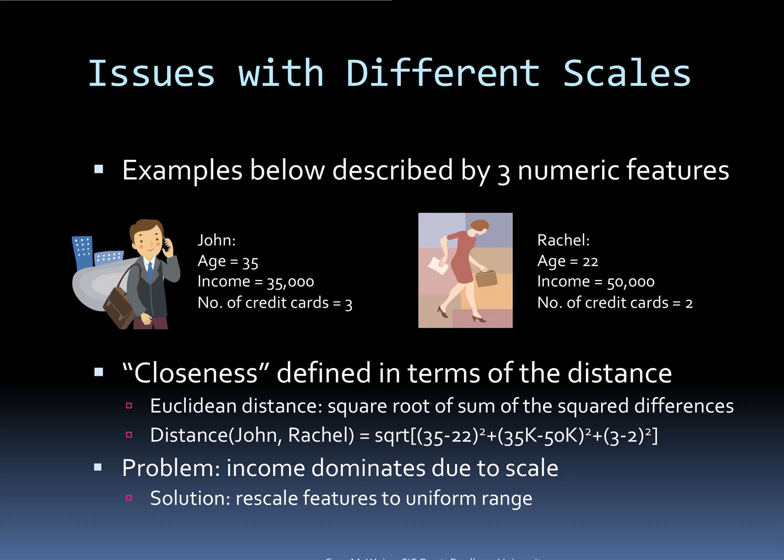However, because income has a much larger scale, it can dominate this calculation, overshadowing the impact of other features like age. To address this, it's important to rescale features to a uniform range, ensuring that no single feature disproportionately influences the distance metric. This adjustment helps create a balanced assessment of similarity across all features.